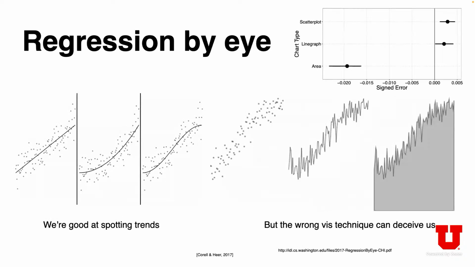But here also research shows that if we for some reason plot these points as an area chart, then people are also more likely to think that points that belong inside of the area are more likely to be in the distribution. You can see the sign error of participants was much larger in magnitude for area charts. So we're worse at accurately estimating trends given an area chart. So this is about the within-the-bar, within-the-area bias.